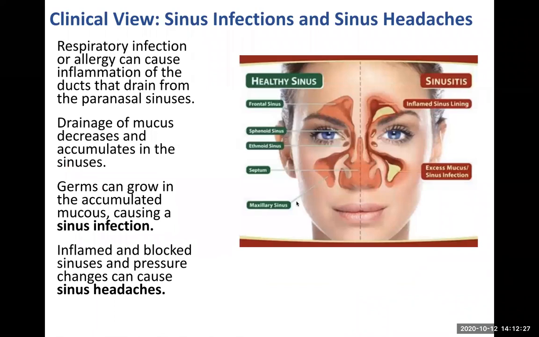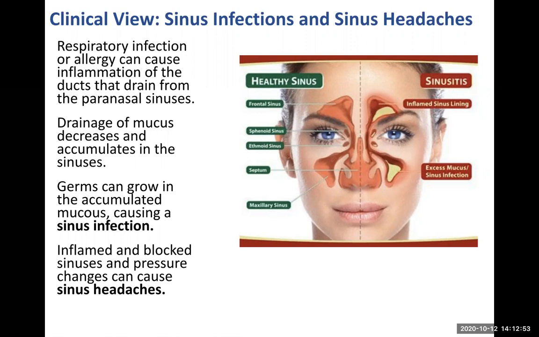Oh, which nicely brings me to this slide. So, sinus infections and sinus headaches. Again, if the mucus being produced is not able to drain properly down into the pharynx and then down into the esophagus and into the stomach, that mucus can accumulate in the sinuses, and that accumulation can increase pressure and cause pain.